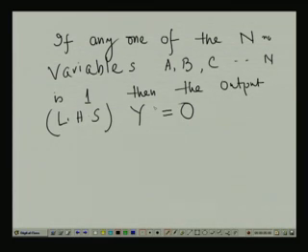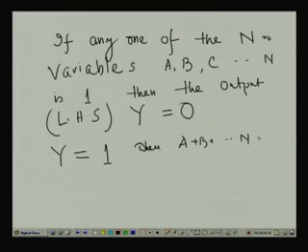So, when will y be 1? y will be 1 when this A plus B plus up to n value equals 0. When will this value be 0?